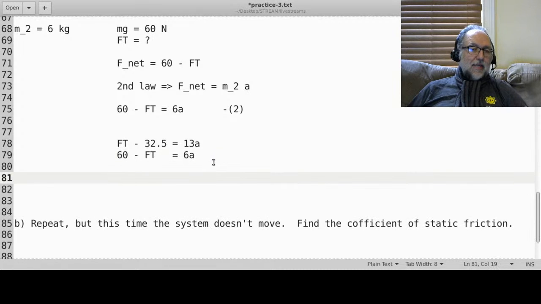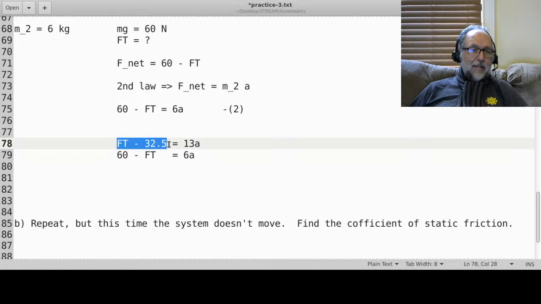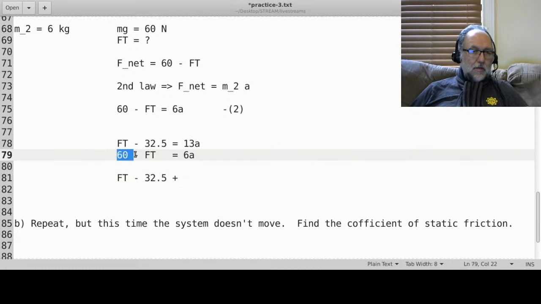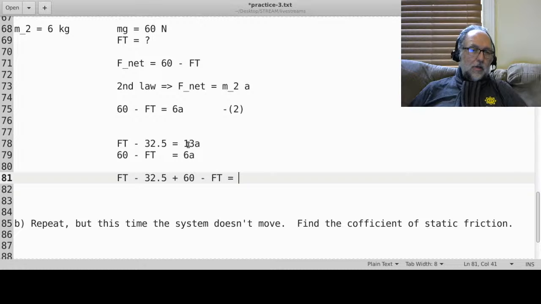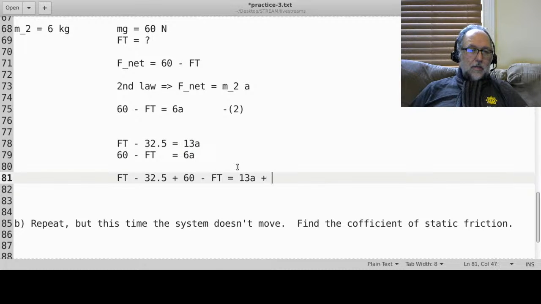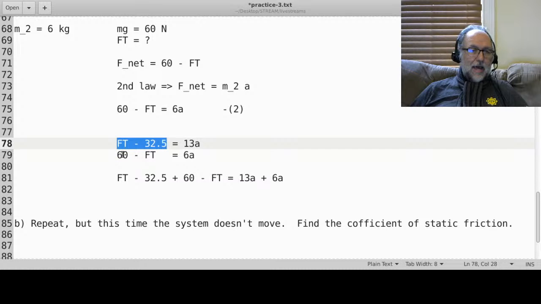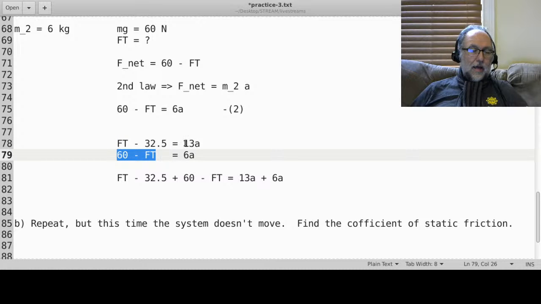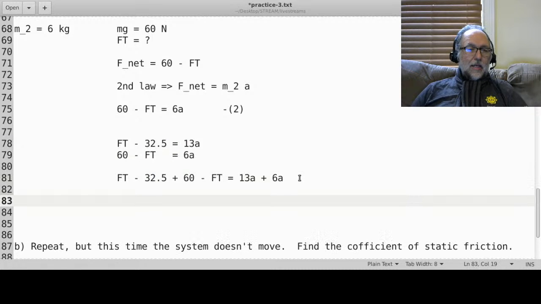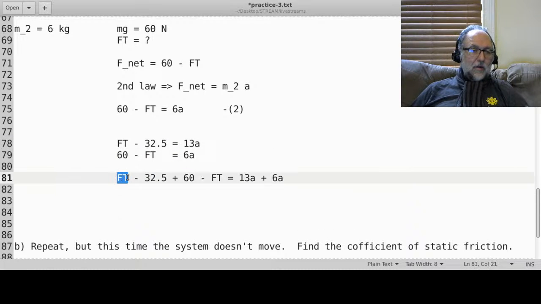And so you can add the left-hand side to the left-hand side, and that's going to equal this one plus this one. All right, so you see what I did? I added this to that on the left-hand side, and on the right-hand side, I added that to that. And you could see that FT here is going to cancel FT over there.